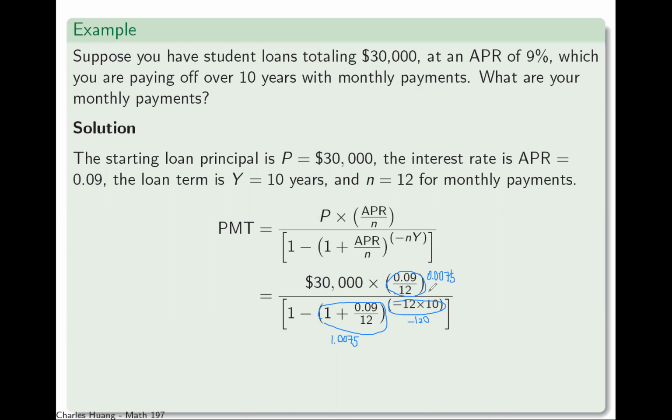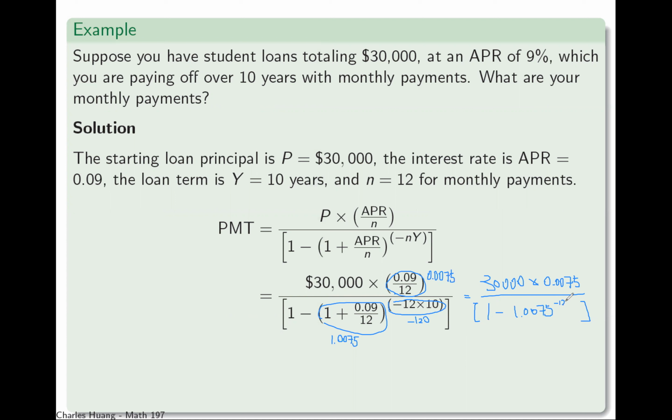Now, if we look at the square brackets in the denominator, right now we end up having 30,000 times 0.0075. And here we have a big bracket: 1 minus 1.0075 to the power of negative 120.